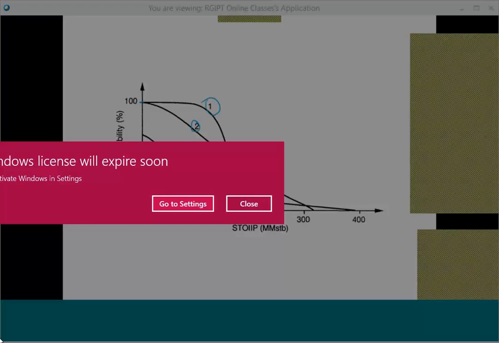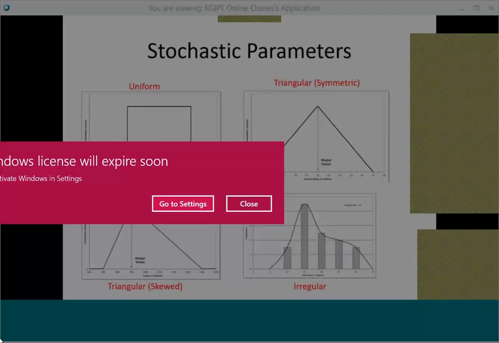Sir, I think 1 and 2 are complete in themselves, but somewhere 3 is a part of something else. The reserve estimation for 3 is a part of maybe another reservoir, or I don't know how to say that.